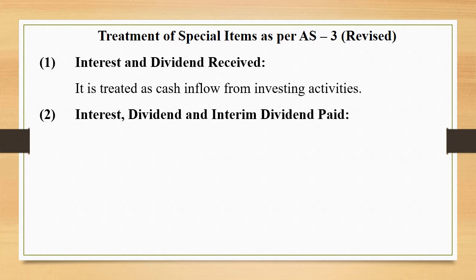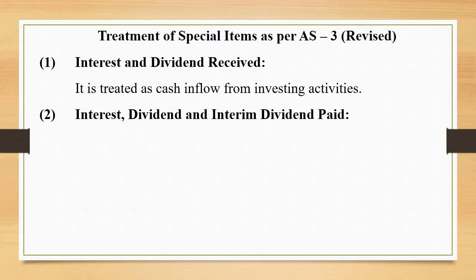Interest we have to pay on debentures, short-term borrowing or long-term borrowing. Dividend and interim dividend: dividend we pay generally at the end of the year, while interim dividend a company pays during the year. So these are the amounts that a company pays because of the sources of funds.